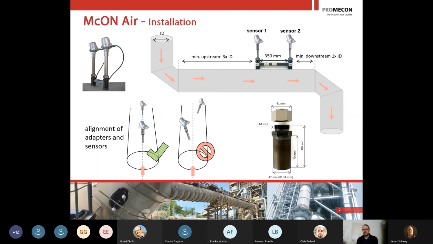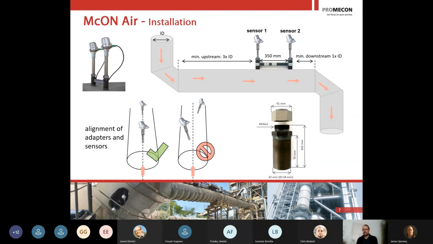Another advantage of this measurement is that it's just evaluating the vector between the two sensors. So once you get a swirled flow, which you can find in many ducts with several bends after each other, you won't get the rotating component of the flow.